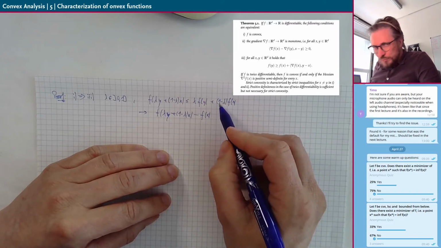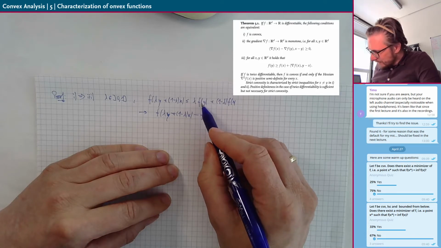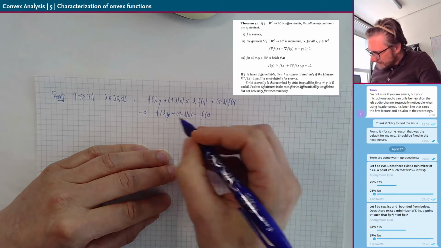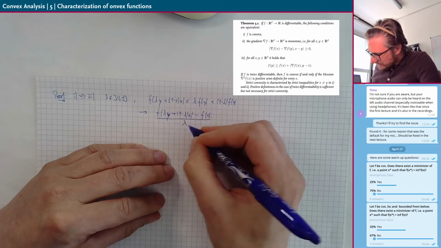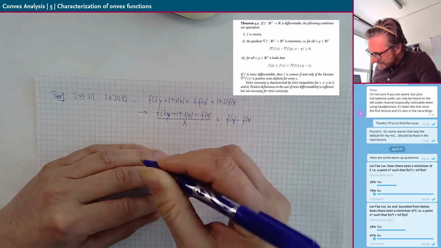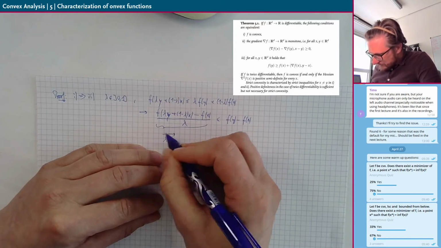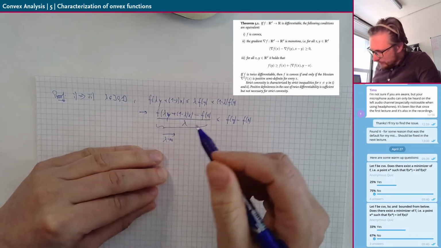So if this 1 is gone here, we could factor out the lambda, then it's lambda times f of y minus f of x, and we divide by lambda and get smaller equal to f of y minus f of x. And then for lambda goes to 0, which is of course valid, we can make lambda as small as we like.